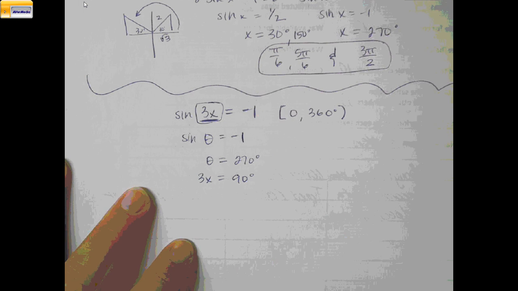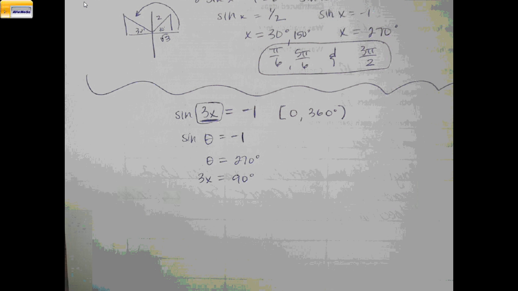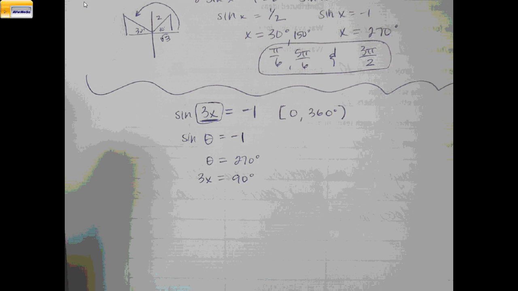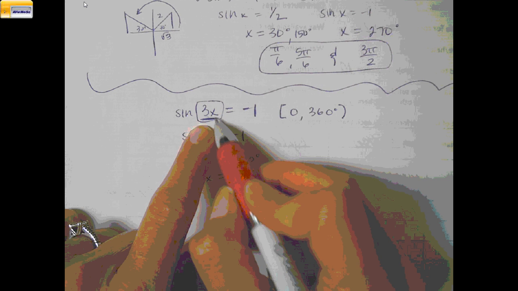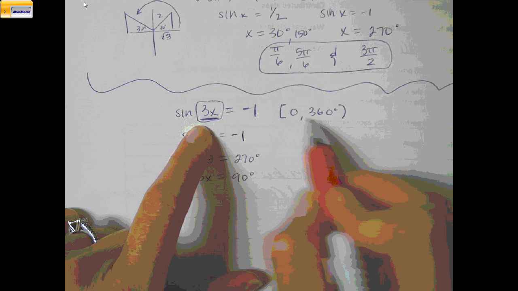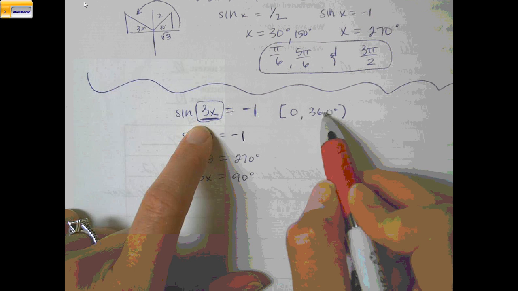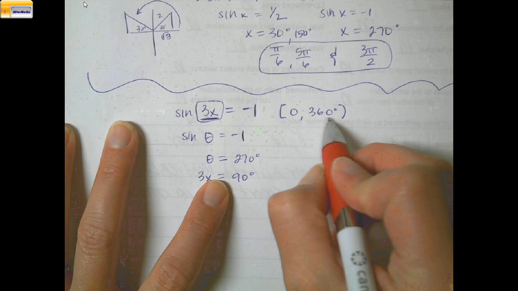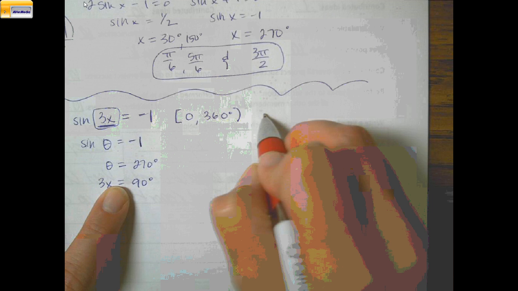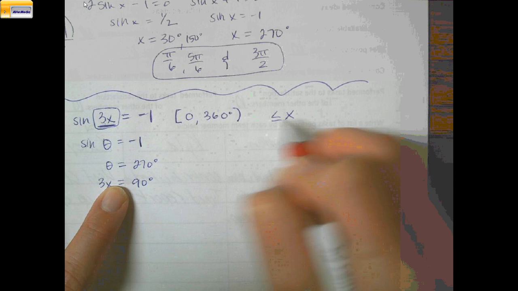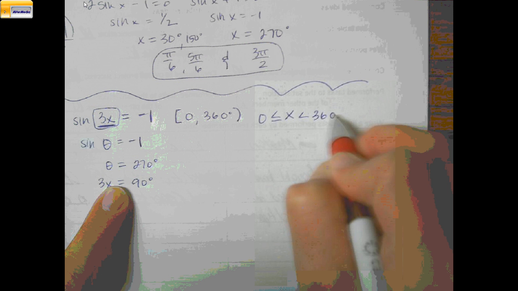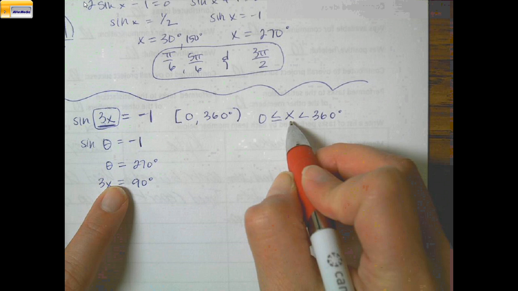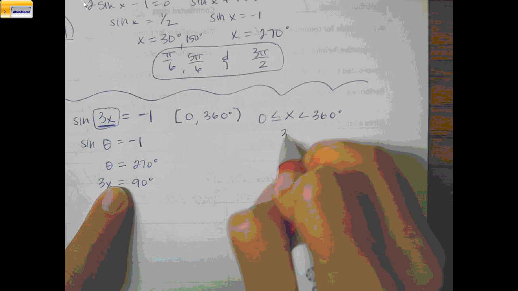But here's what makes this problem a little bit different. More than one answer is going to get us negative 1 if we triple it within this interval. Think of this as x has to be between 0 and 360 degrees. But I'm not really interested in x initially, I'm interested in 3x.